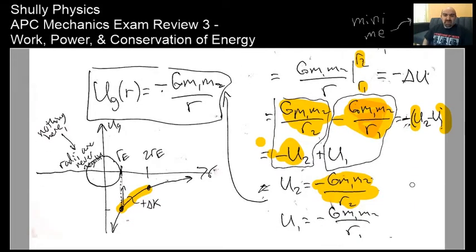In other words, if we plug in our potential at U2 being a negative value, negative G m1 m2 over r2 at that point, and we plug in that same expression over here, we're going to get positive G m1 m2 over r2 minus G m1 m2 over r1.